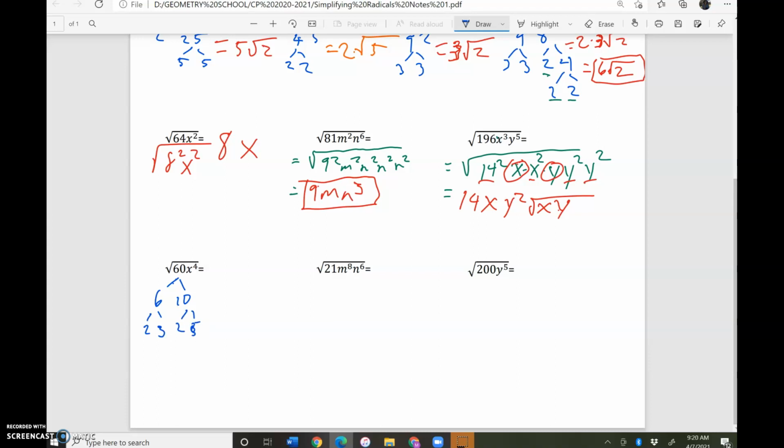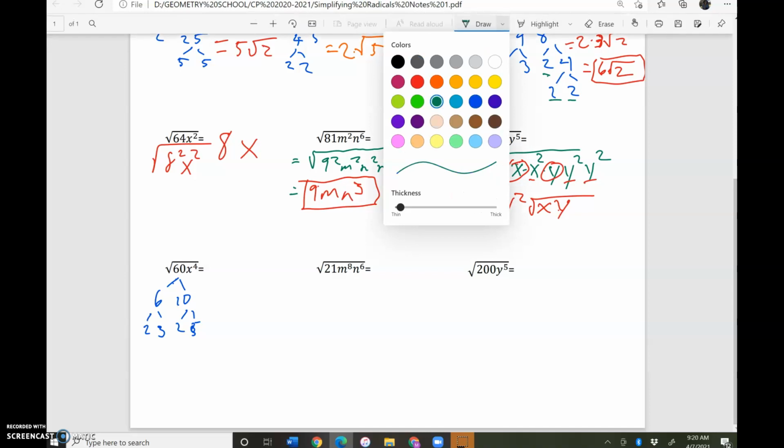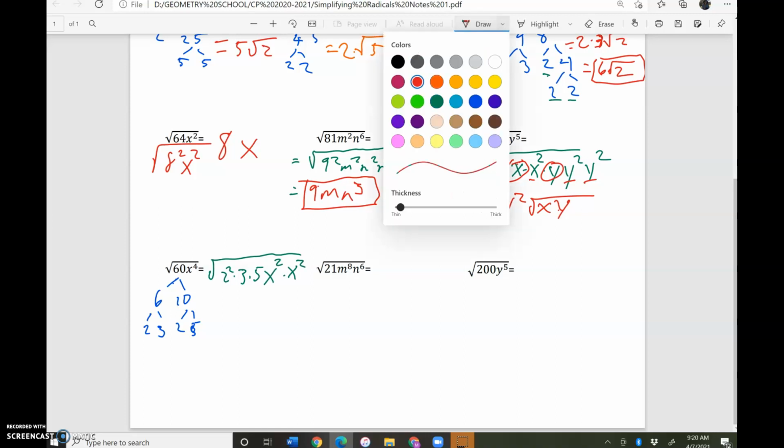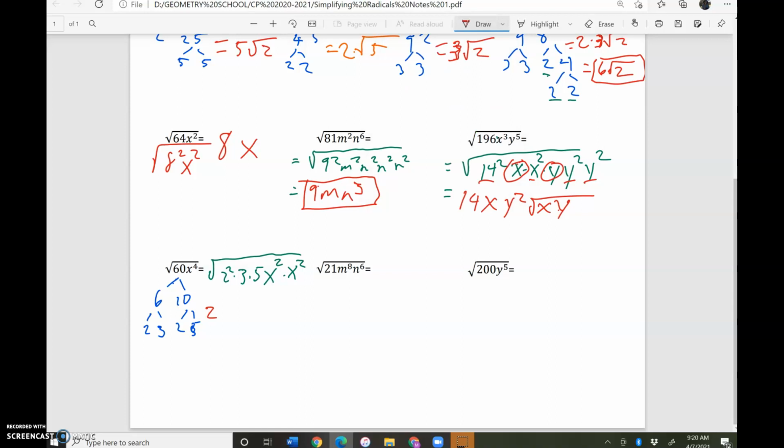So I can rewrite this as the square root of 2 squared times 3 times 5 times x squared times x squared. And the good square kids get to come out. So the 2 gets to come out. The x gets to come out. And then this x gets to come out. So I get x squared coming out. And what's left on the inside? The 3 and the 5. 3 times 5 is 15.